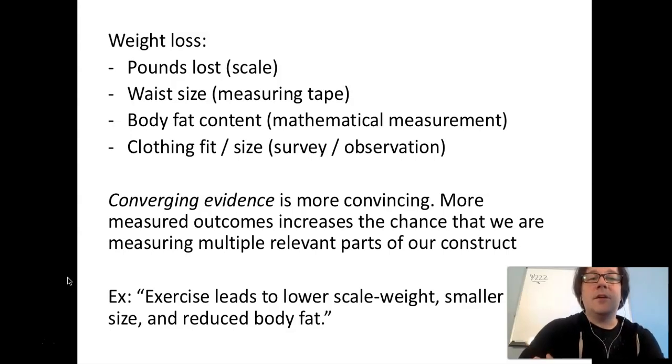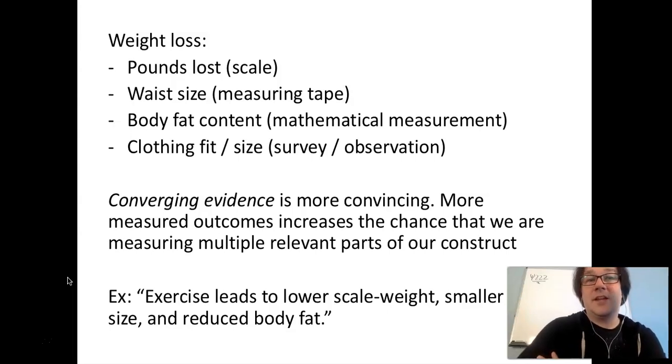Now, it would be a good idea, because not all of these, we can see, are without problems. Pounds lost doesn't account for muscle gained. Waist size is only measuring one type of weight loss, just belly fat in this case.